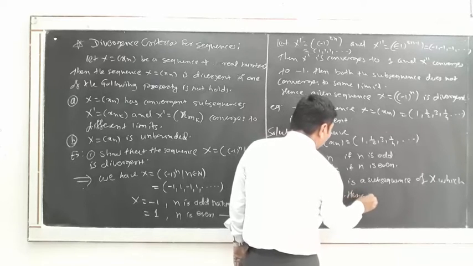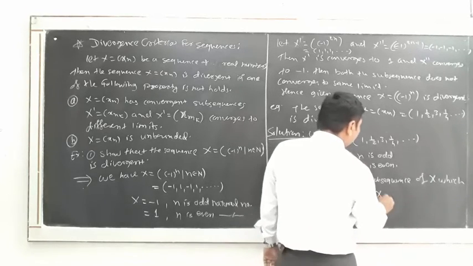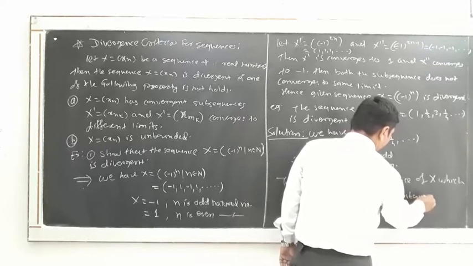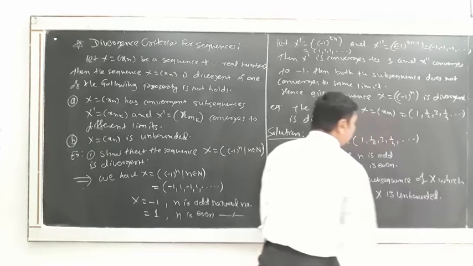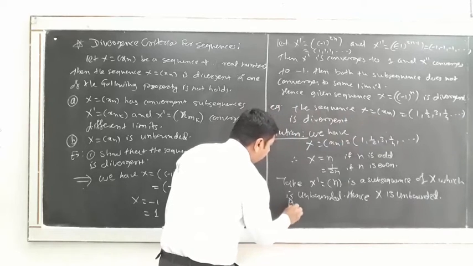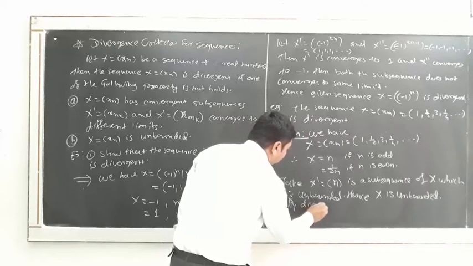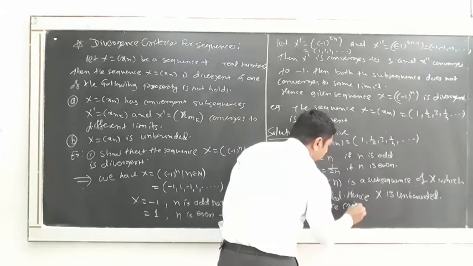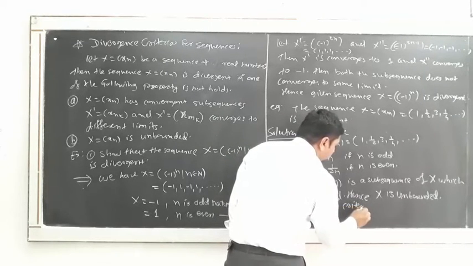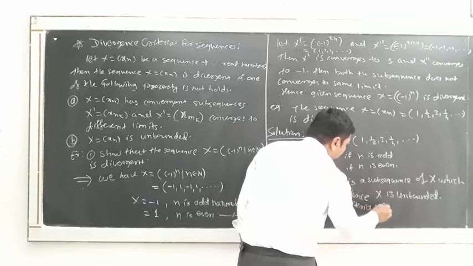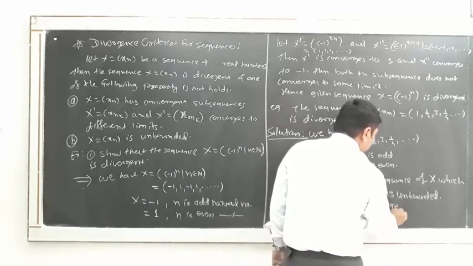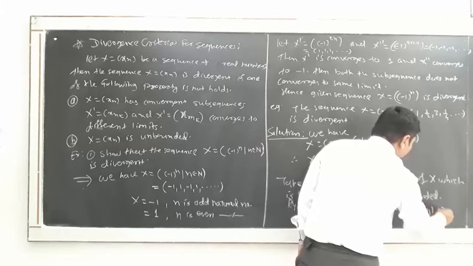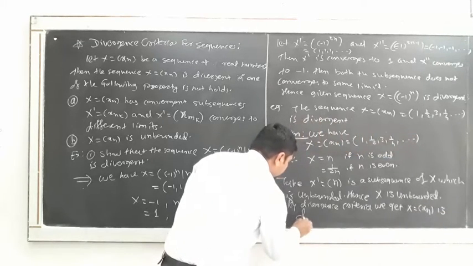Hence we can say that x is unbounded. Therefore, by the divergence criteria, we get x is equal to (xn) is divergent.